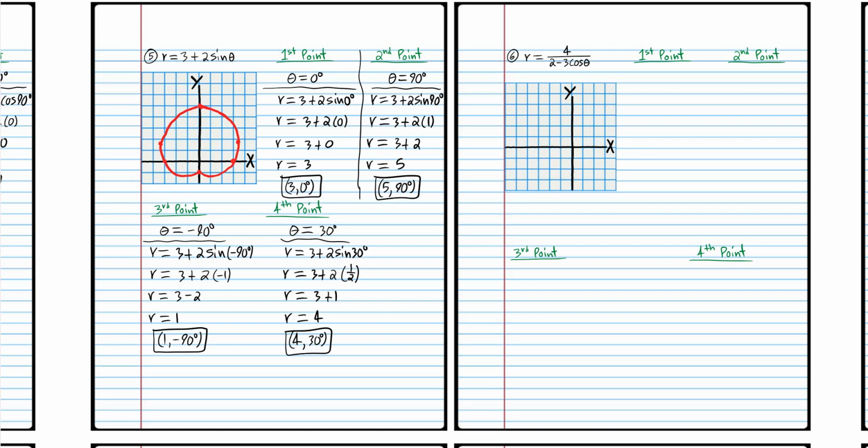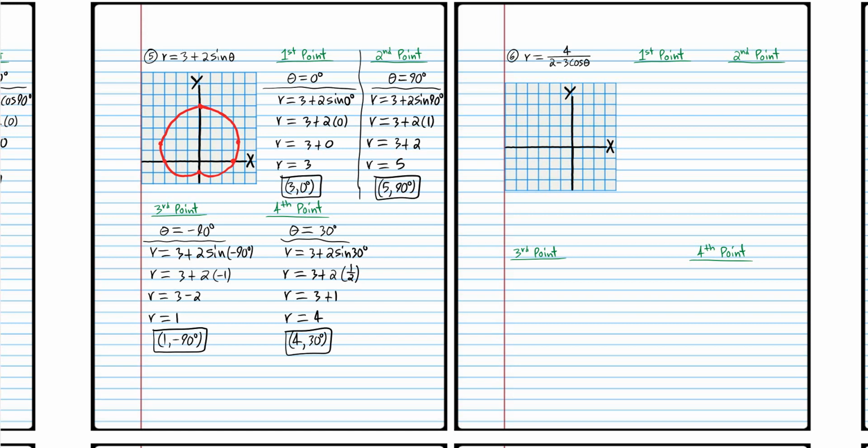So you push the alpha green button, and then you push the y equals button at the upper left. You should see a list, 1, 2, 3, 4. Press on number 1 that says n/d. So then you're going to enter 4 and then the down arrow key to get to the denominator, and then 2 minus 3 cosine, and then the x comma t comma theta comma n button, and then a right parenthesis if you want to do that. I don't think you need to, but then we're going to press graph.